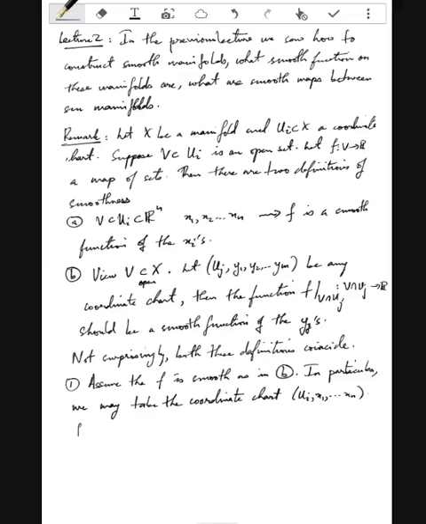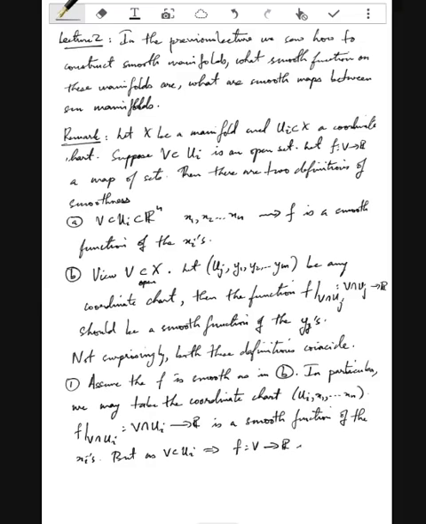Then this means that f restricted to V intersection U_i, from V intersection U_i to R, is a smooth function of the x_i's. But as V is contained in U_i, this implies f from V to R is a smooth function of the x_i's. So this part is easy. So let's see the other way around.